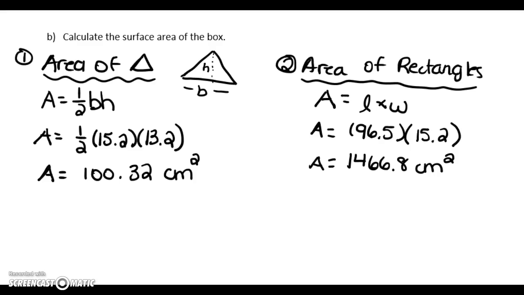And now that we have the area of each of those different shapes, we can find the total surface area, which, if you remember the definition, is the sum of the area of the faces. So you have to add up the area of each side. So step number 3 here is find the surface area.